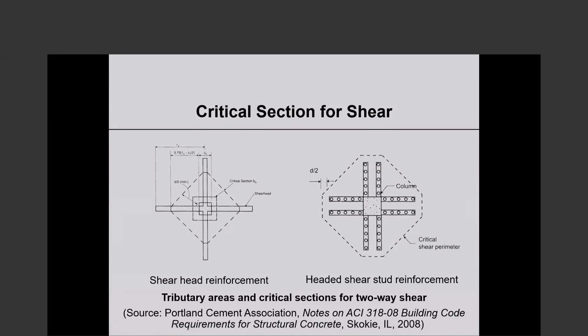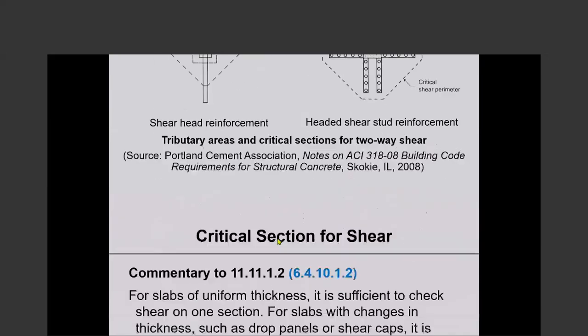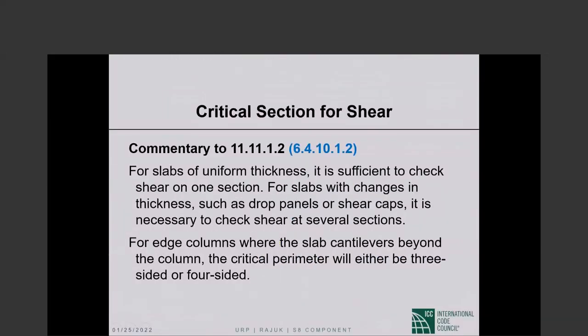I will talk quite a bit about it. Anyway, there is the column, and then there is headed shear stud reinforcement. These are called stud rails. The story here is where the reinforcement is discontinued, around that there is a critical section to be considered. Okay, and this headed shear stud reinforcement, as I said, we will talk quite a bit about.